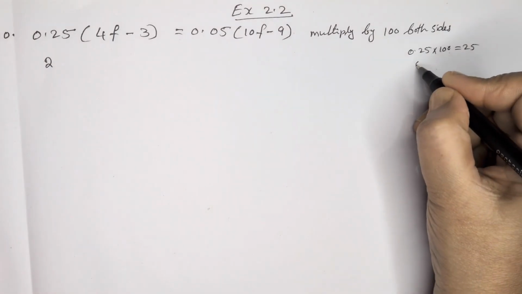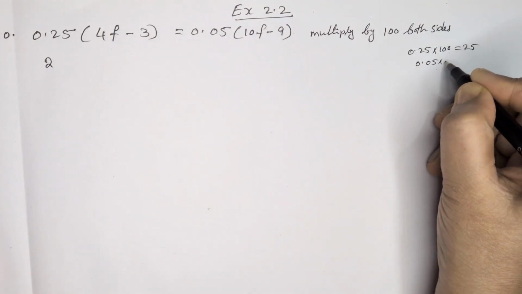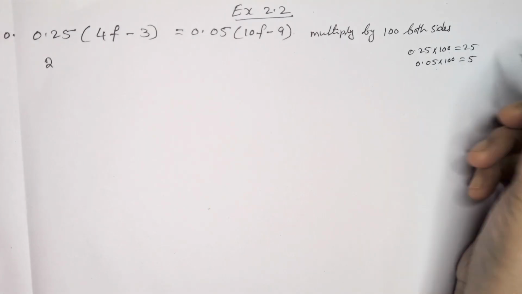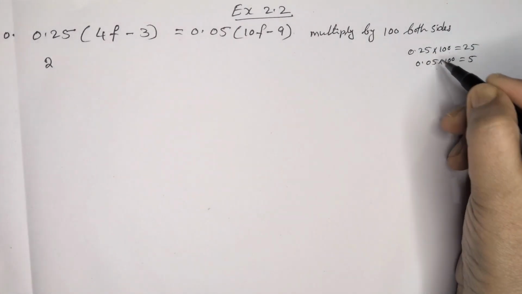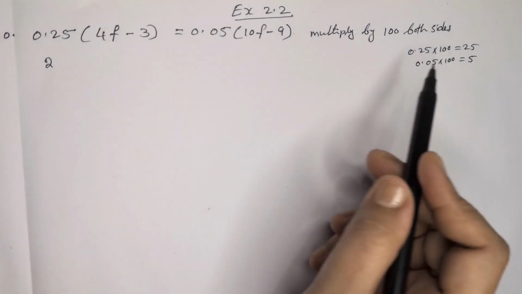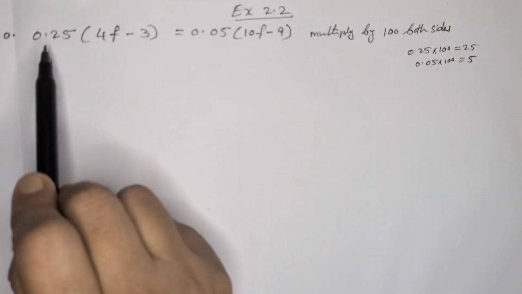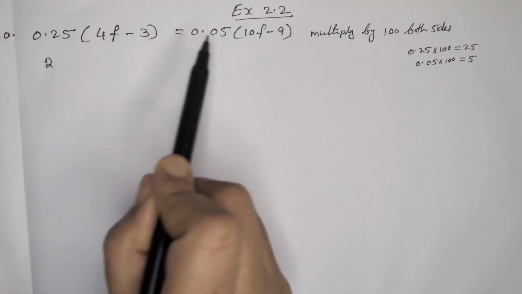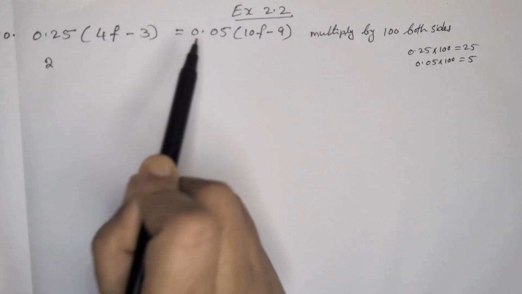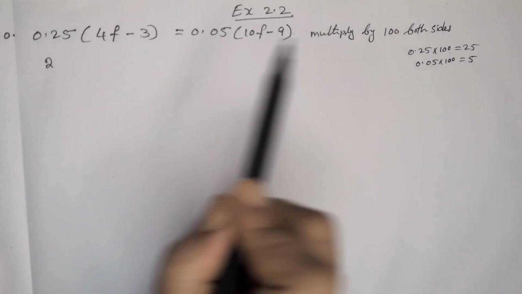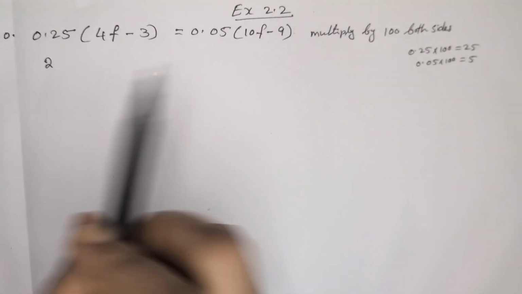Same way on the other side, 0.05 into 100 becomes just 5. So we can remove the decimal places by multiplying with 100, since both sides have the same number of decimal places.